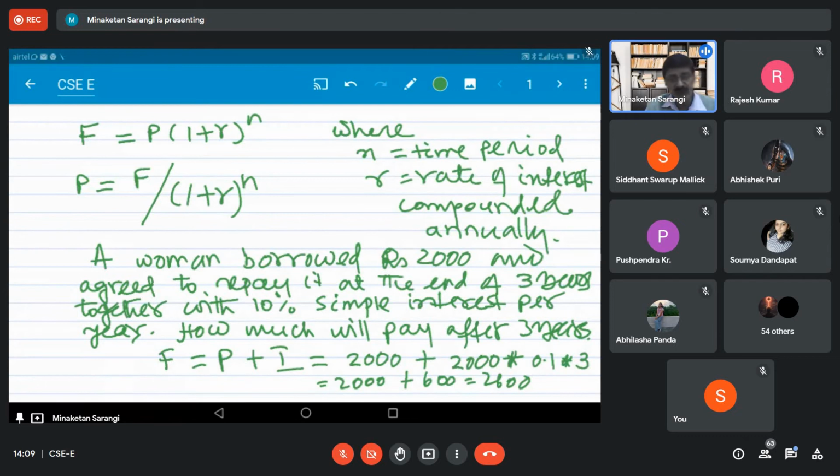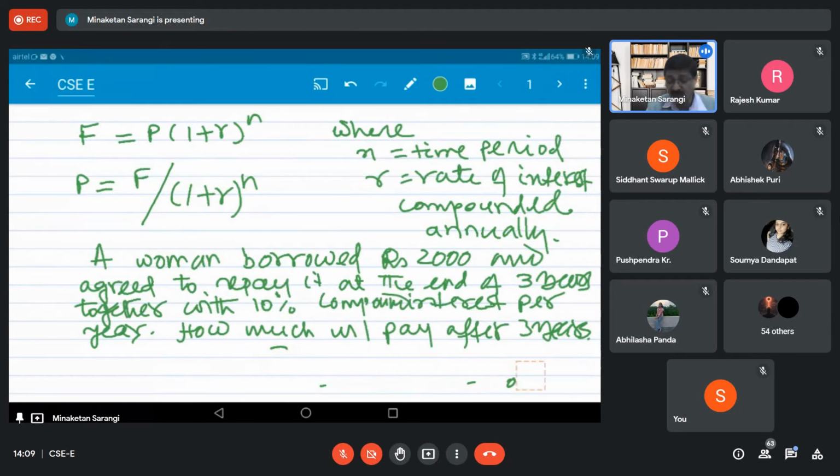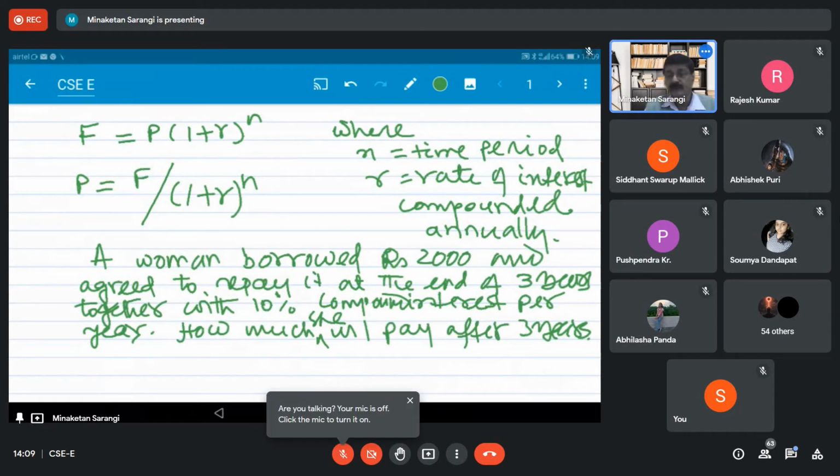Now, the same question, if we take it with 10% compound interest, how much will she pay after 3 years? If we take the compound interest, you can go stepwise or you can go directly by putting in the formula.